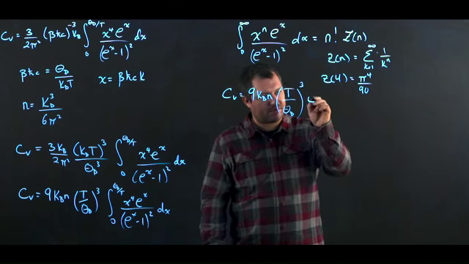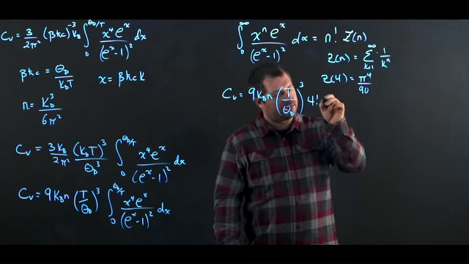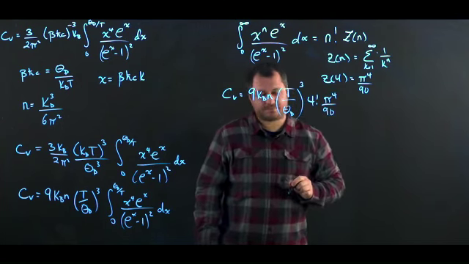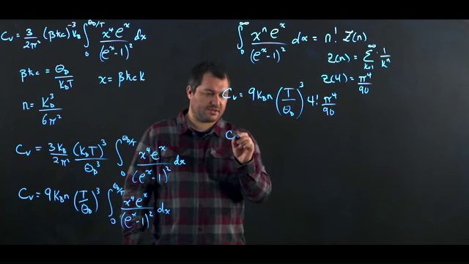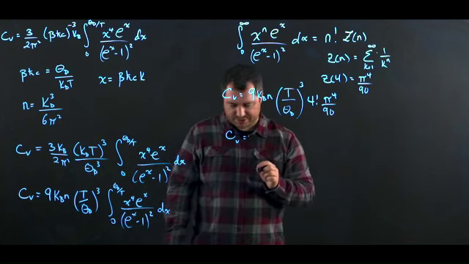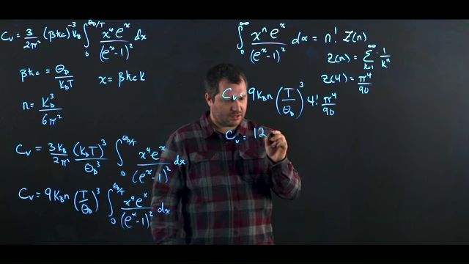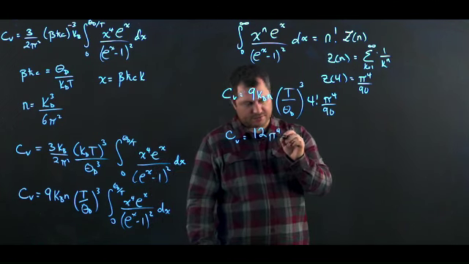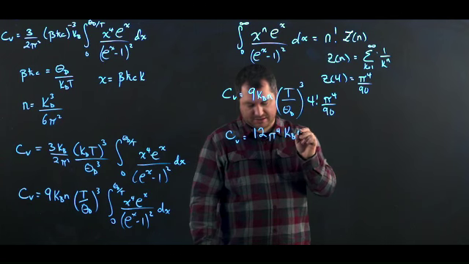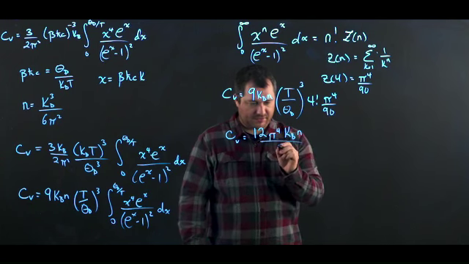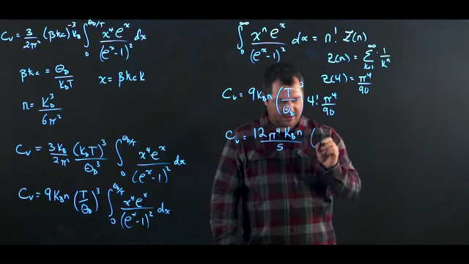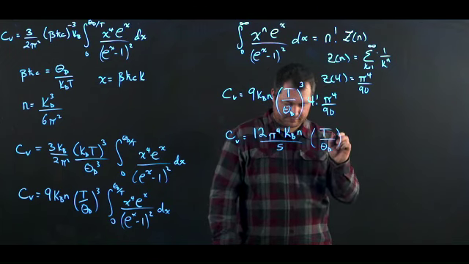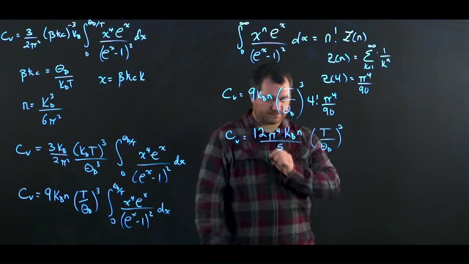It's going to approximate 4 factorial times pi to the 4 over 90. And so this, at low temperatures, is actually 12 pi to the 4 kb n over 5 of T over theta D cubed.